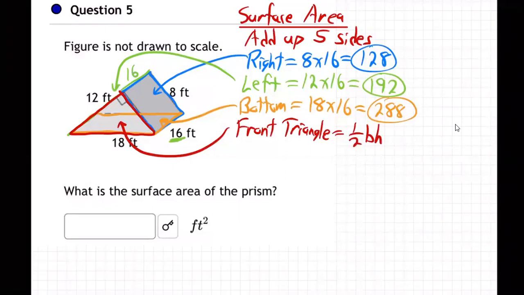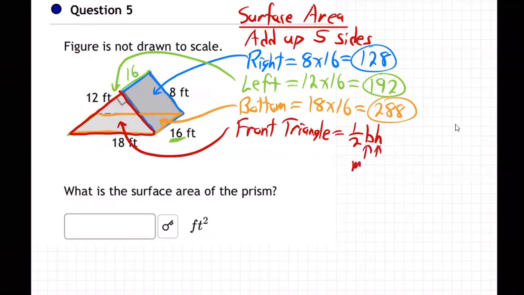But the question is, what's the base and the height? Should I use the 12 and the 18? No, those aren't base and height, are they? Why not? Base and height have to be what? 90 degrees to each other. Remember that?